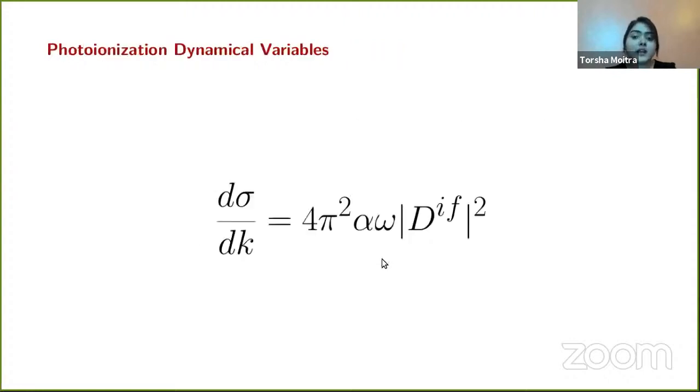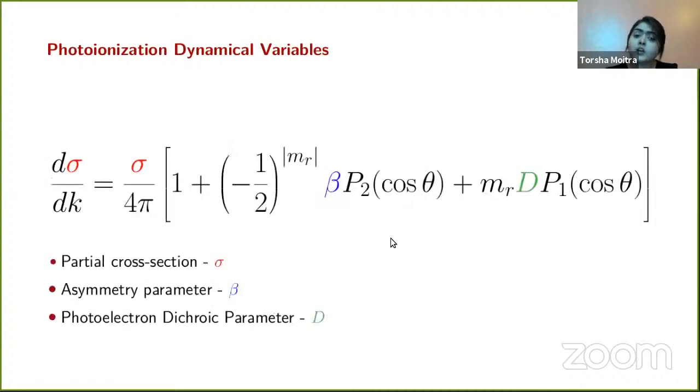This photoelectron matrix element is used to compute the differential cross-section d sigma/dk. And this is quite a standard equation where alpha is the fine structure constant and omega is the photon energy. Upon a lot of mathematical manipulations, we arrive at this expression.